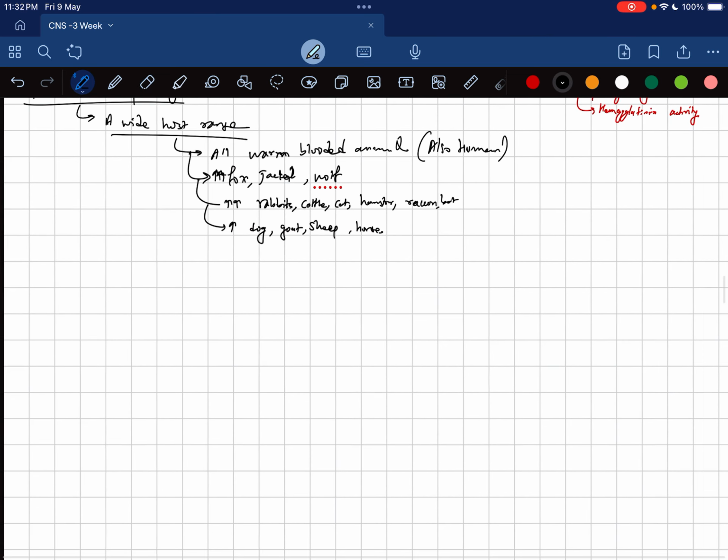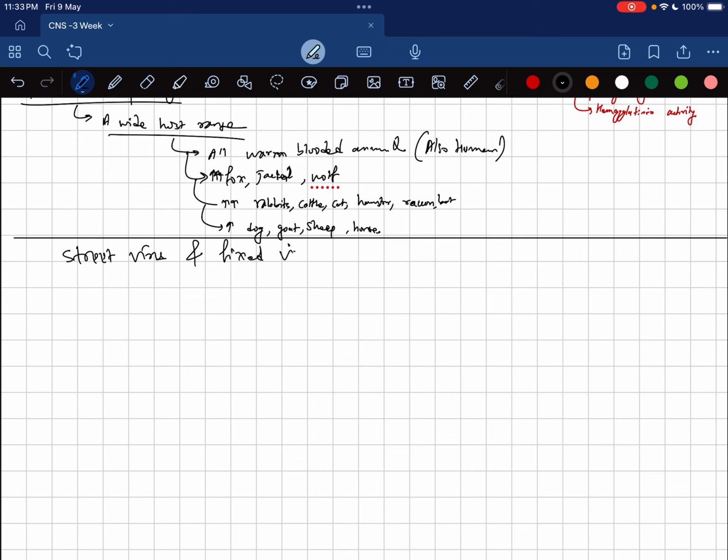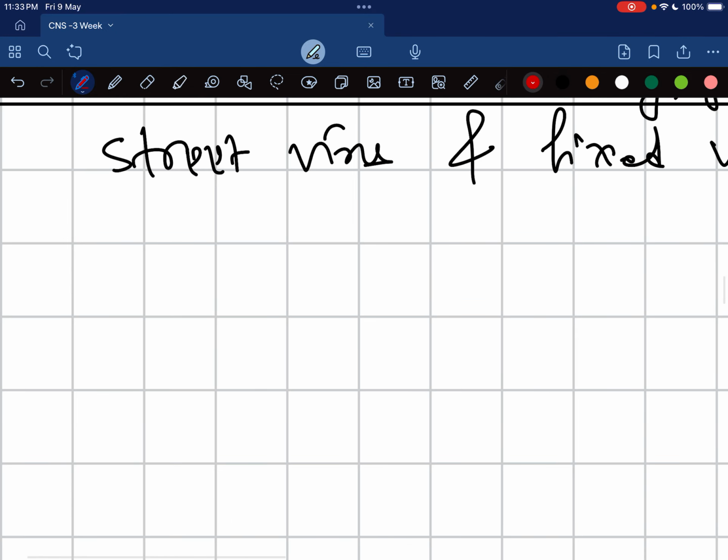So there are two types of virus: street virus and fixed virus. Moving on, street virus.